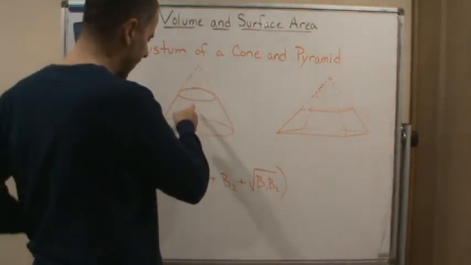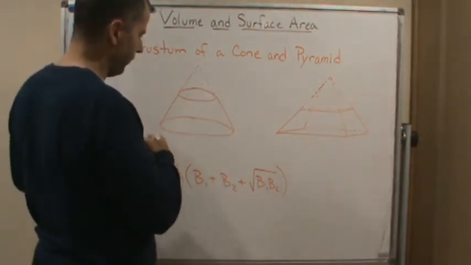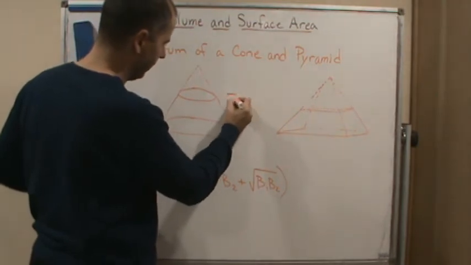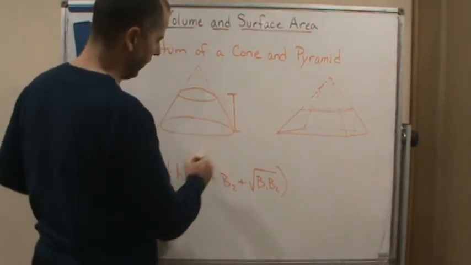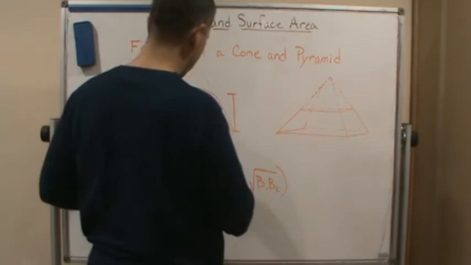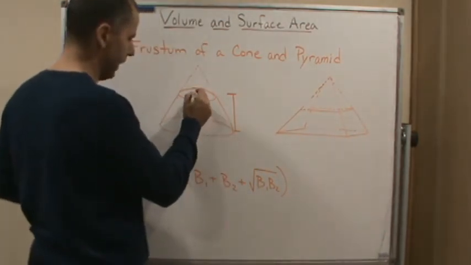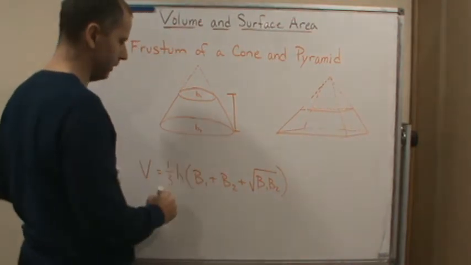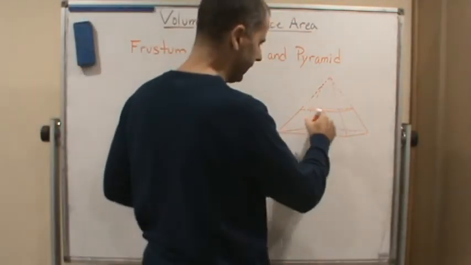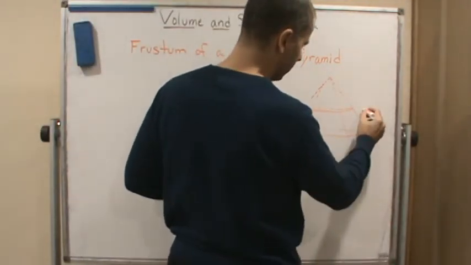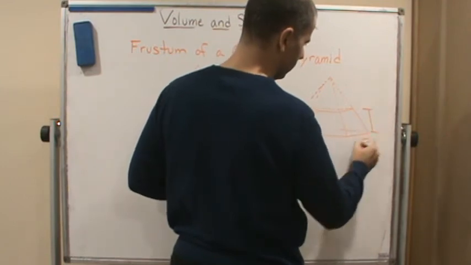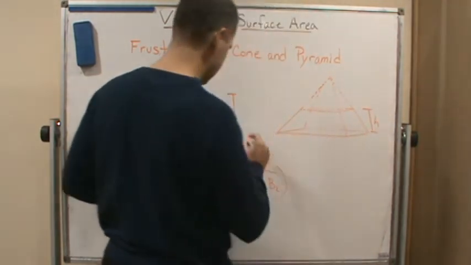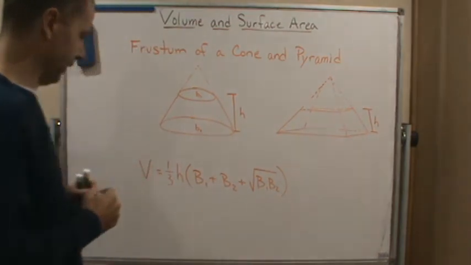We're talking about the height from the top here to the base. Or if you want to consider this base 1 and base 2, right? Likewise here, the height of this thing is from the top base to the bottom base. So this is the height and this is the height.